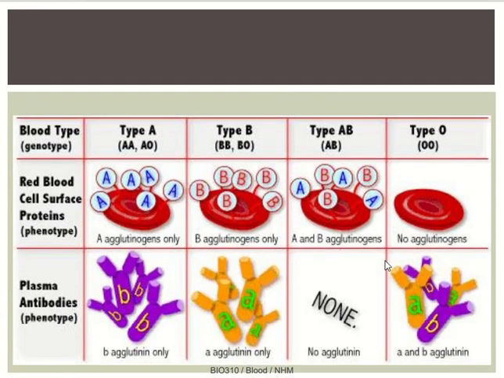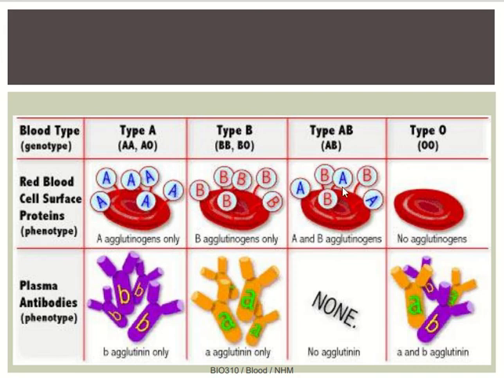Therefore, type A has the antigen A marker, so it will produce antibody B because it does not recognize B in the red blood cells of A. Same with B: it has antigen B on the surface, and it will produce antibody A when it detects any antigen A besides the cell's own.